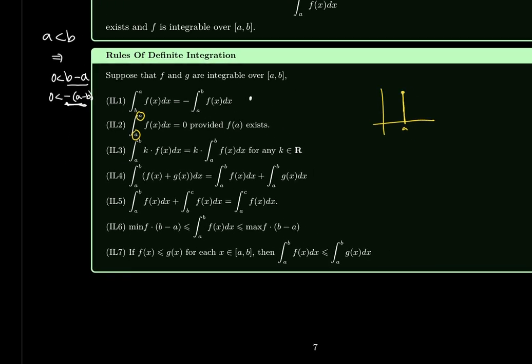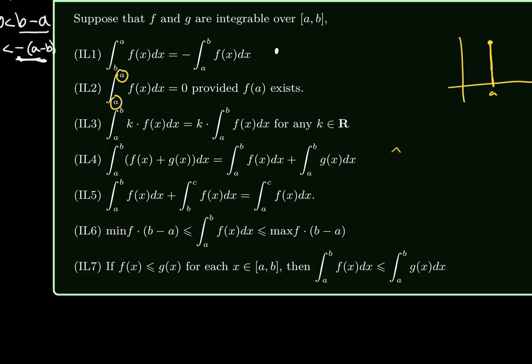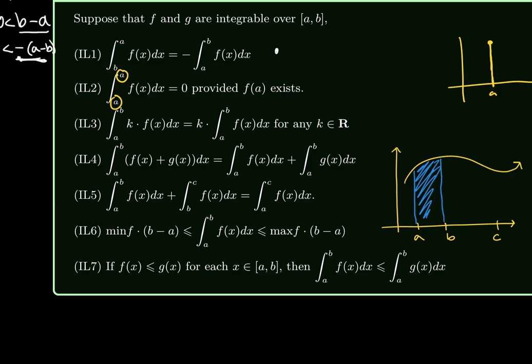This one's huge. I like this one because it is certainly intuitively true. If I draw a picture, something like this, I have some sort of function like this, and maybe I have A right here, B right here, and C right here. This blue area would be the area under the curve from A to B, right?